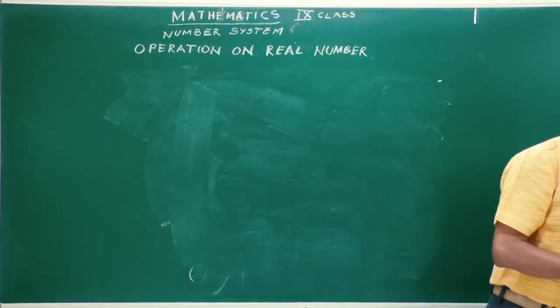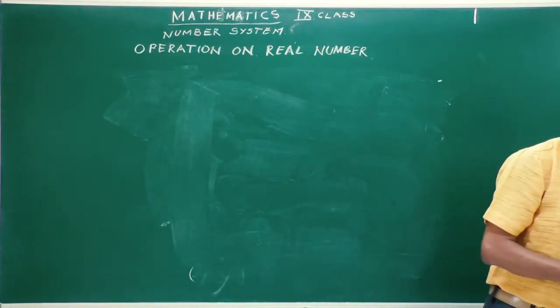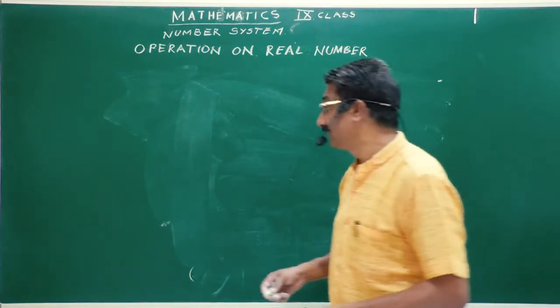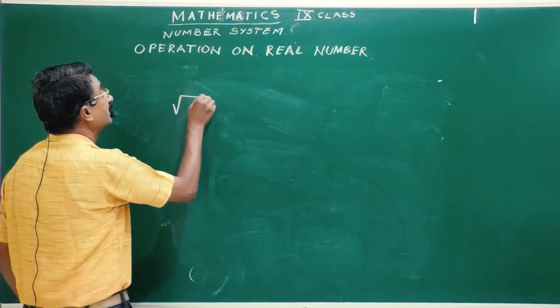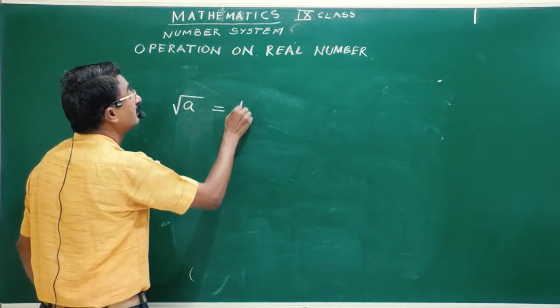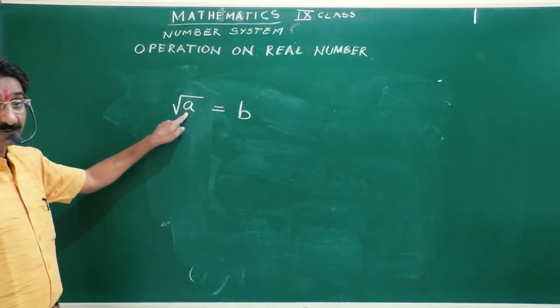We will go with the operations of taking square roots of real numbers. We will recall that if a is a real number, means it is a positive real number, under root a is equal to, the answer is say b. This is also a positive real number.